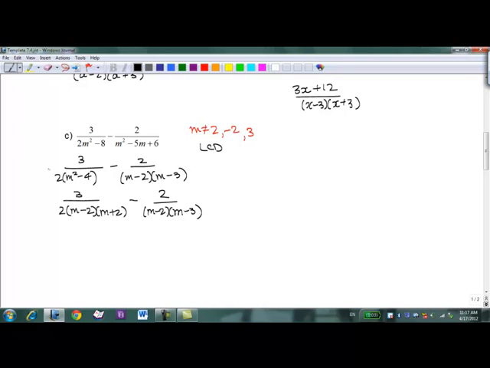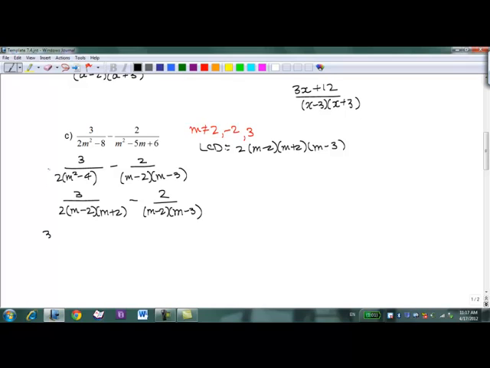The lowest common denominator here is a little bit bigger. It has to have a 2 in it. It has to have an m minus 2, an m plus 2, and an m minus 3. So a little bit bigger, but it just happens that we can multiply by, again, what we're missing.